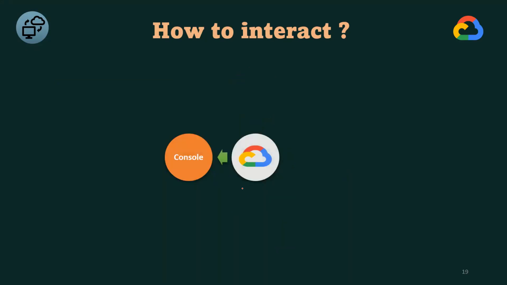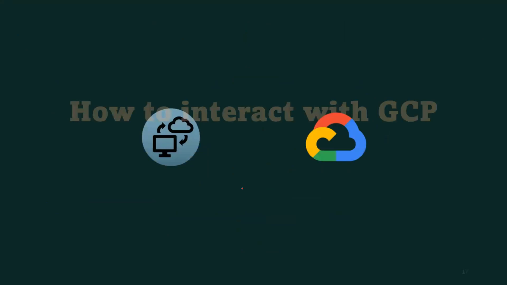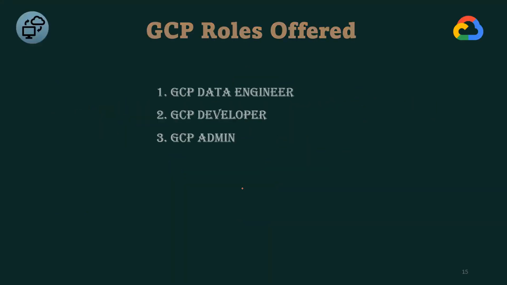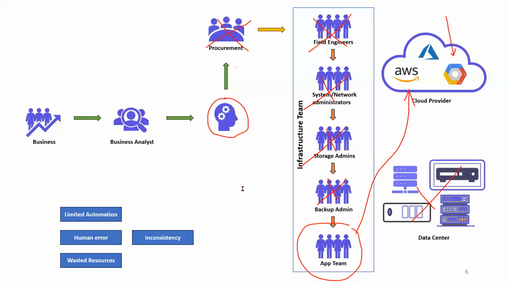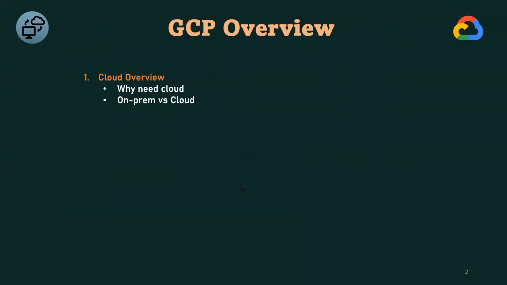Now I want to stop the session here for today. I just wanted to give you an overview of why we need the cloud. So which topics have we started today? This one: we started why we need the cloud, and we have seen on-premises versus cloud platforms.